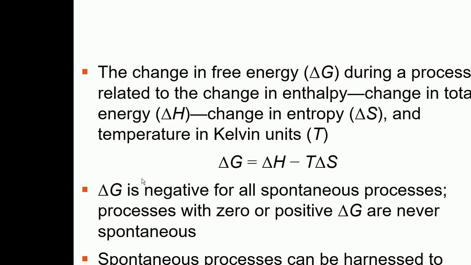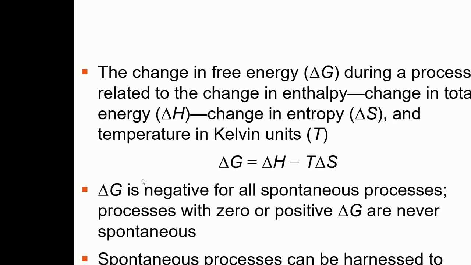So delta G is the difference of the free energy of the products from the free energy of the reactants. If delta G is negative, it means that the reactants have more energy in them. If the reactants have more energy, they do not need the input of energy, and the reaction can take place on its own. So that is why delta G is negative.